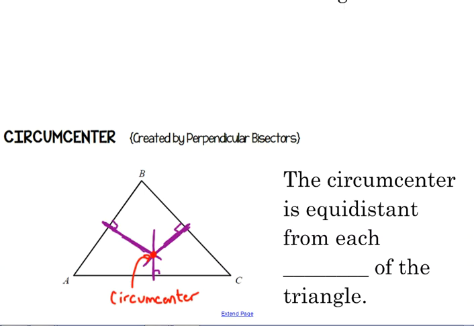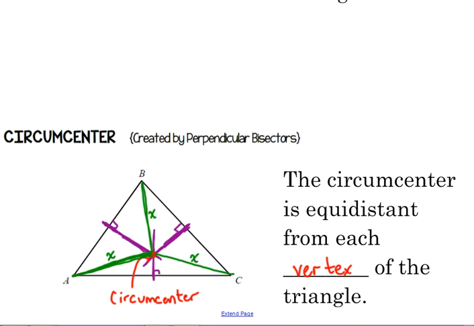It is equidistant from each vertex of the triangle. So if we measure the distance from the circumcenter straight to each vertex, those distances should all be the same. It looks pretty good on my picture, except my lines are not very straight.